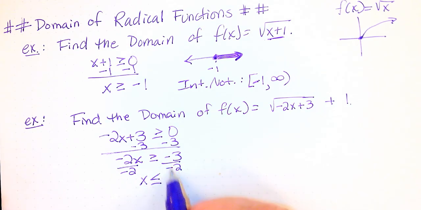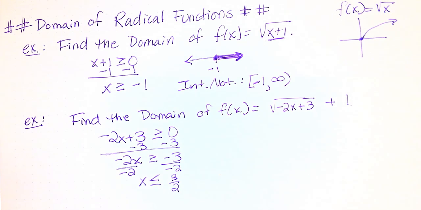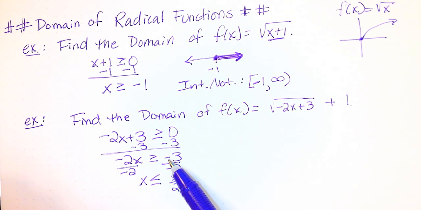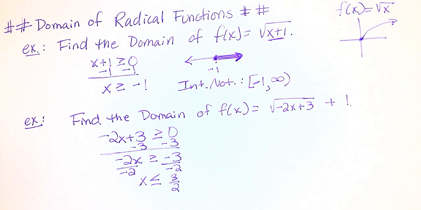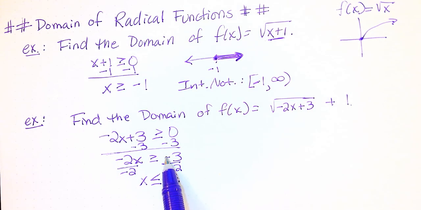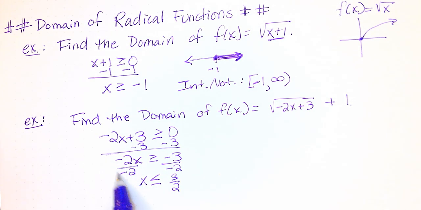And then 2 negatives make a positive 3/2. It's important that you understand that the number on the right-hand side is really irrelevant when we start considering whether we need to flip the inequality. It's only the one that we're dividing by. If that number is negative, then we have to flip that inequality.